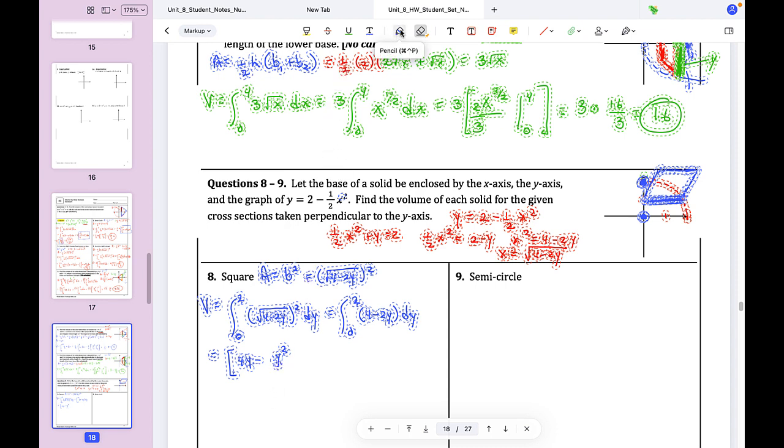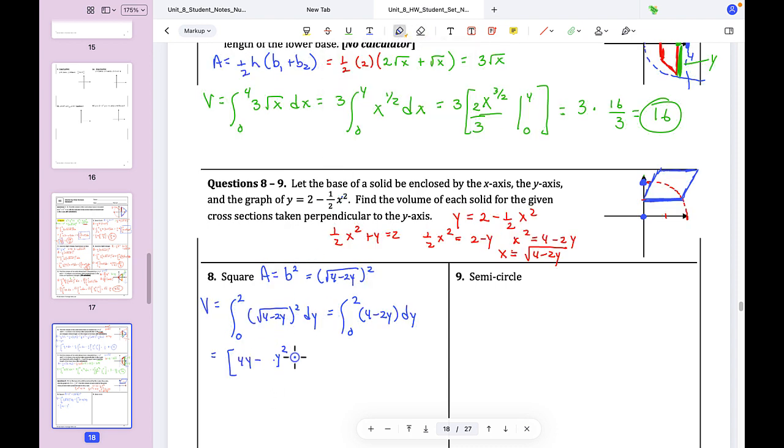So it's going to be 4y minus y squared, evaluated from 0 to 2. So that's going to be 8 minus 4, minus, when I plug 0 in, I get 0. So this just equals 4.